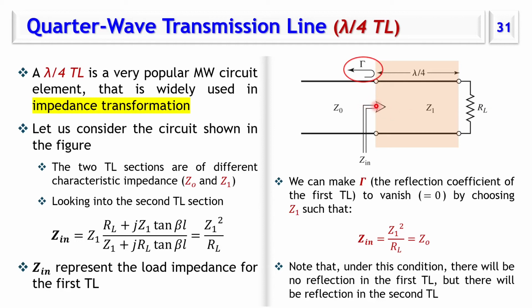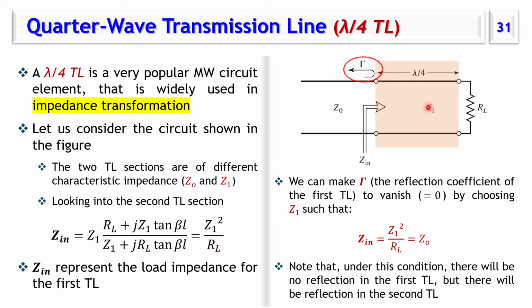So the input impedance for transmission line 1 is the load impedance RL moved lambda by 4 towards generator. So Z input equals Z1 multiplied by this expression, and if we do the math for lambda by 4 length, we'll find that it equals Z1 squared divided by RL, the load impedance. So the input impedance here equals this expression.